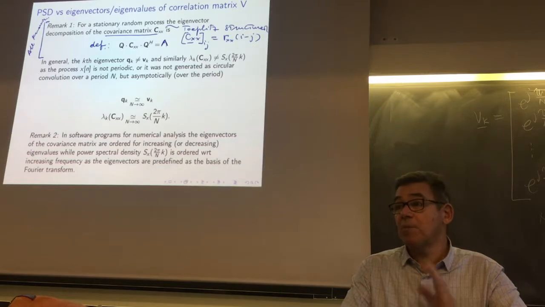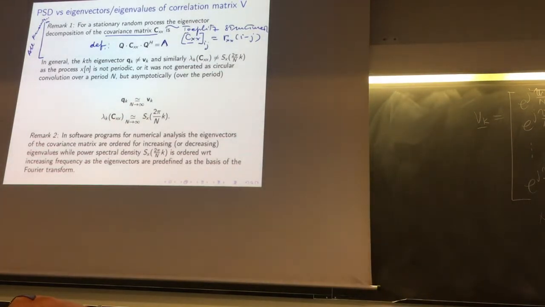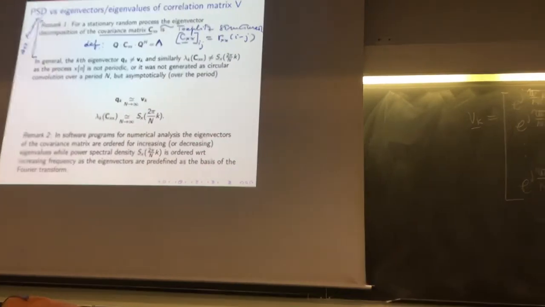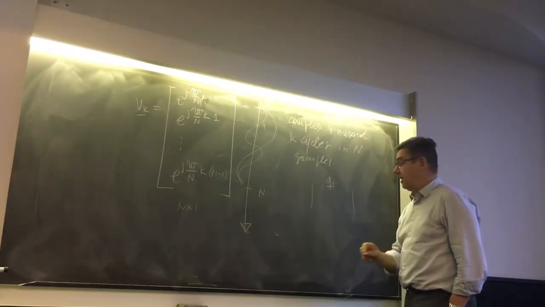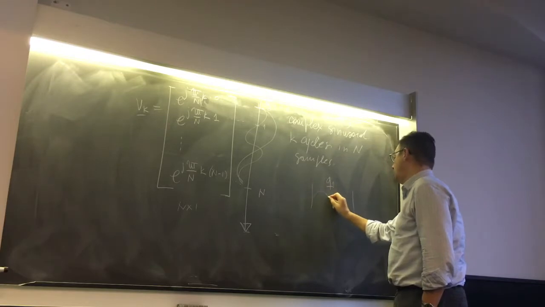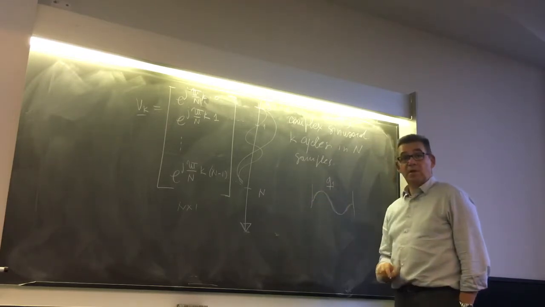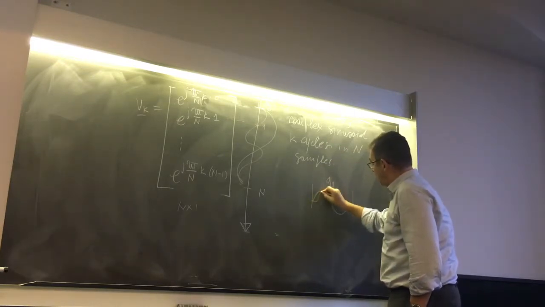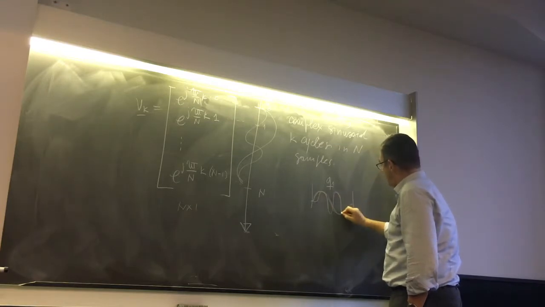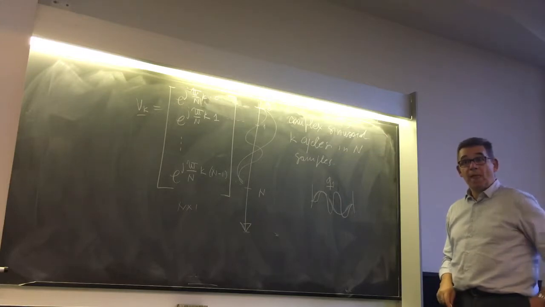Now, if the number of samples is limited and I represent Q1, for instance, then I see something behaving this way. If I look at Q2, I get something similar to a sinusoid, but smoother.